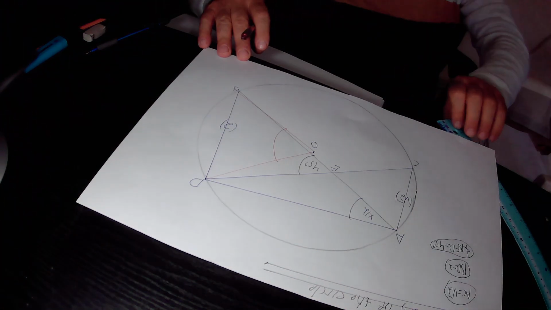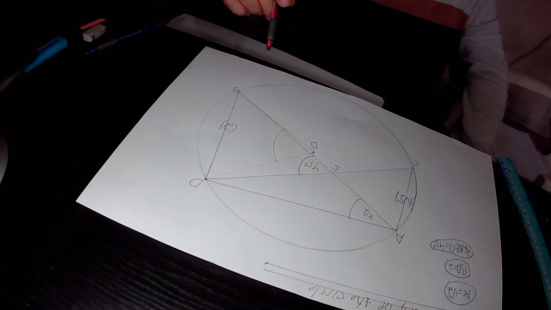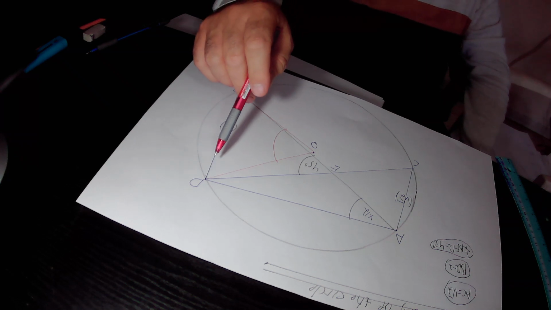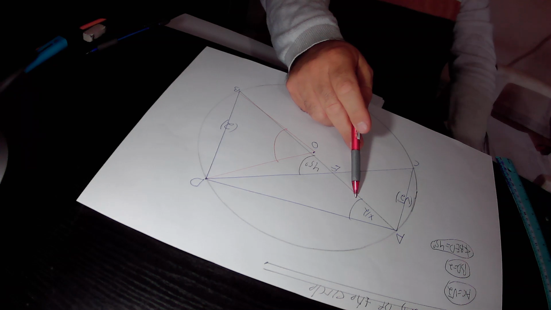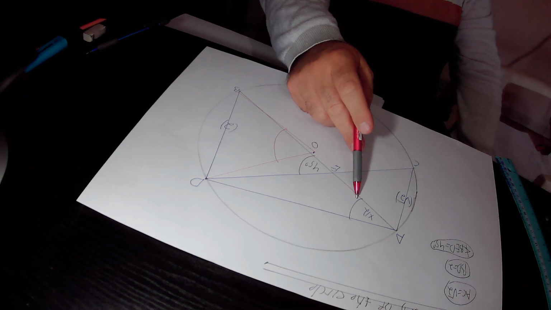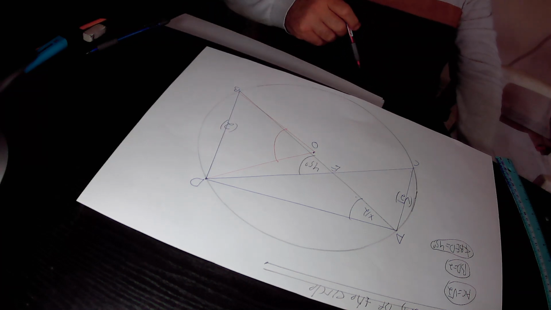In our drawing we have peripheral angle BAD. The size of this peripheral angle BAD is x over 2, and it subtends on chord BD.